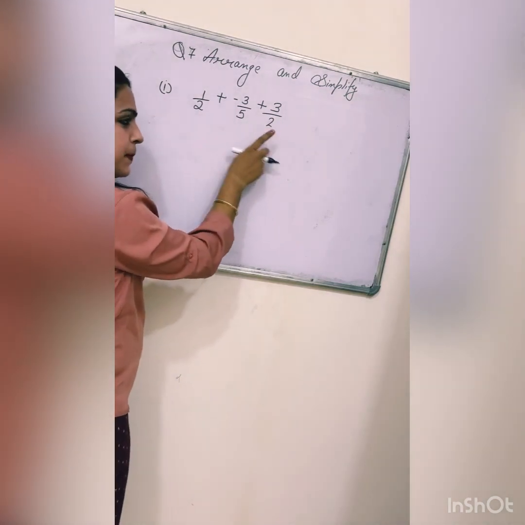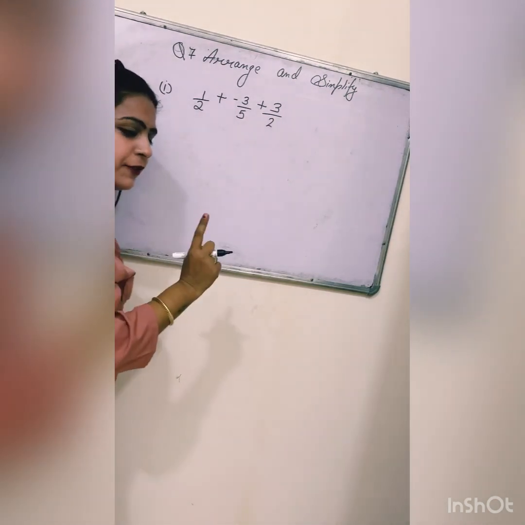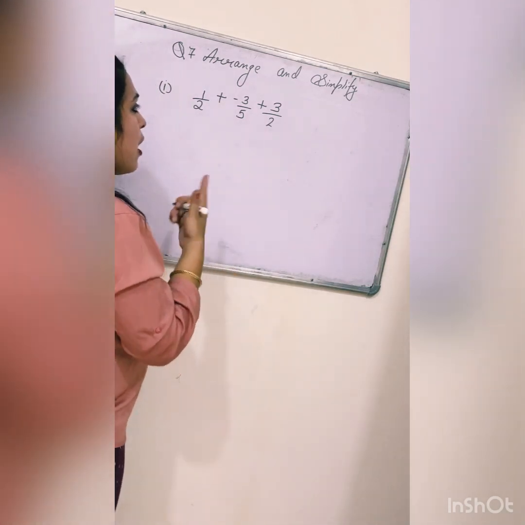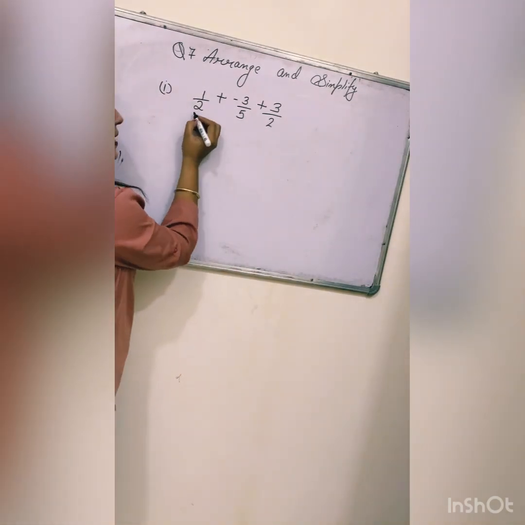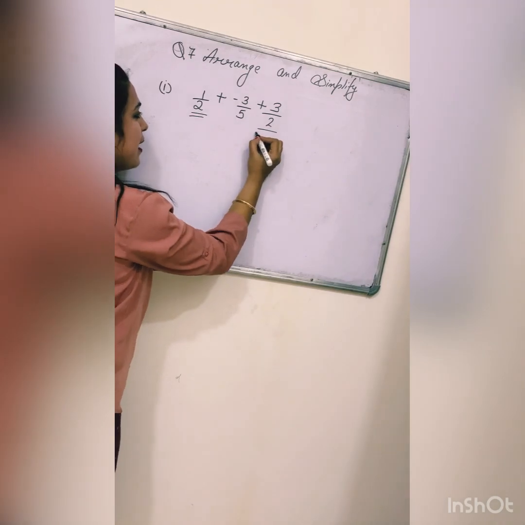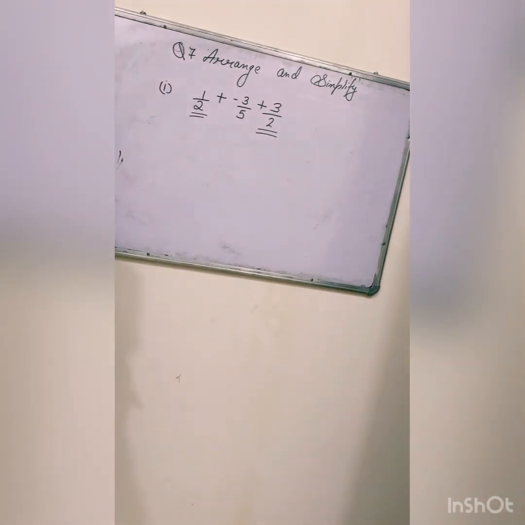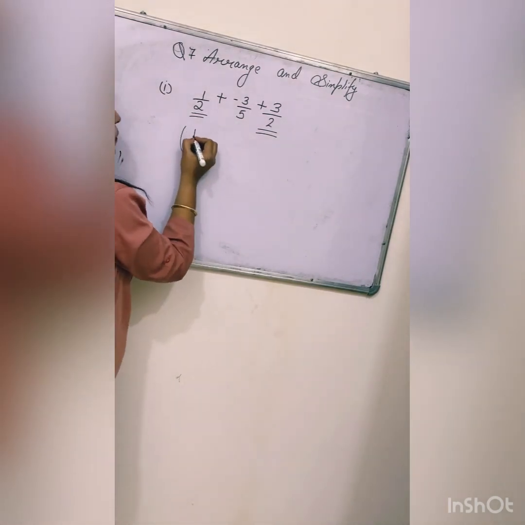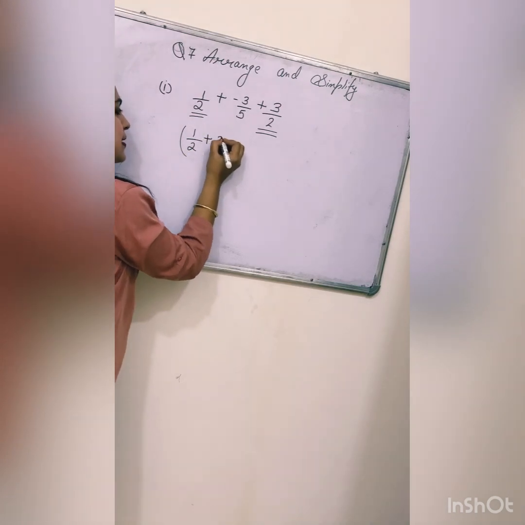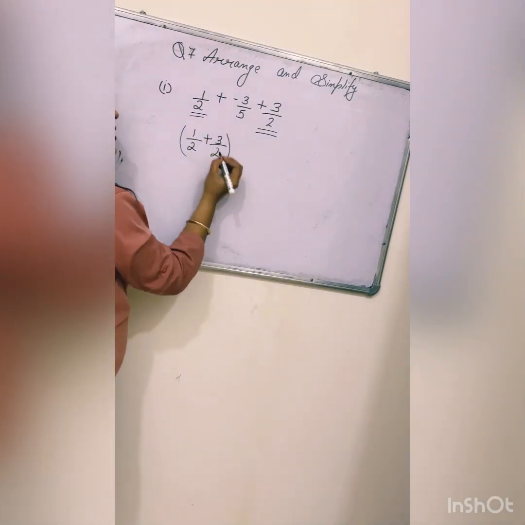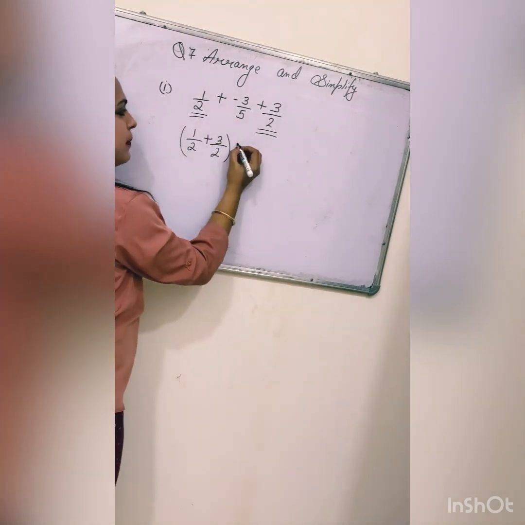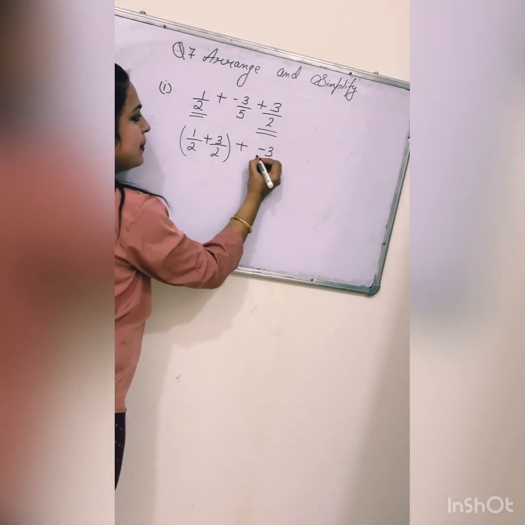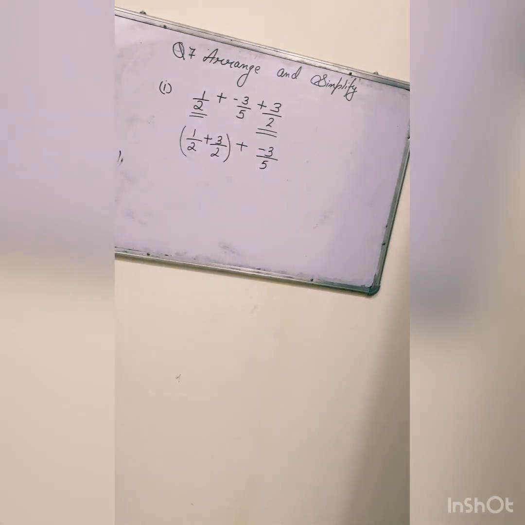First part is this. Now first of all, our very first step is arranging them. How are we going to arrange? We'll see that these two numbers have the same denominators, so we'll bring them together: 1 by 2 plus 3 by 2. This number has a different denominator, so we'll keep it separately, plus minus 3 upon 5.